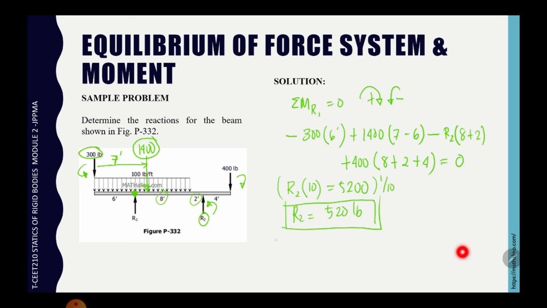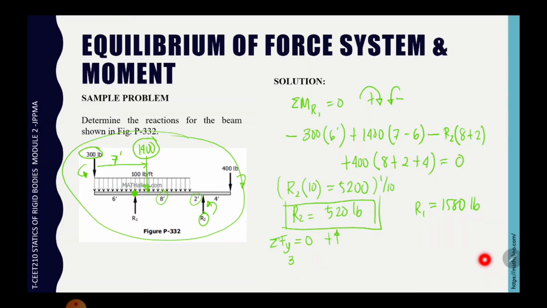For checking, meron tayong summation of forces along y-axis is equal to 0. Lahat ng pa-vertical is check natin kung tama. So, si R1, kanina nakuha natin is 1,580. Yan, going up. So, going up is positive. Kaya, ang kailangan mag-i-equal sa 0 lahat ng forces na nag-act dito sa body na to. Okay, so 300 going down.